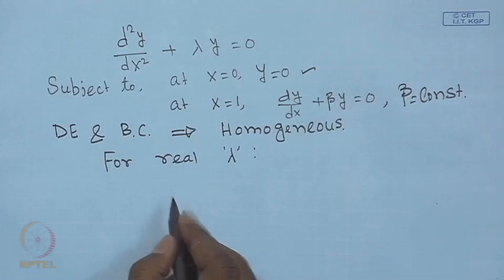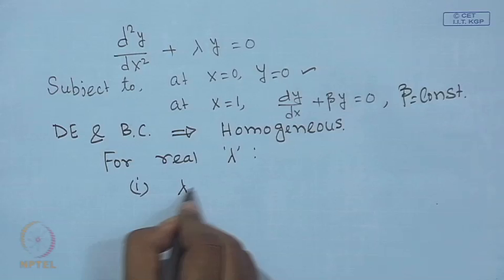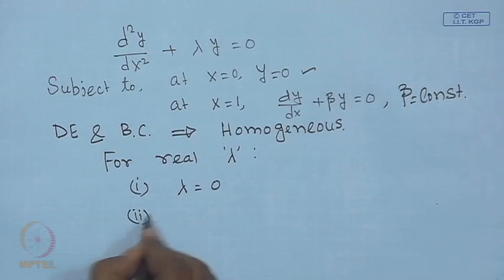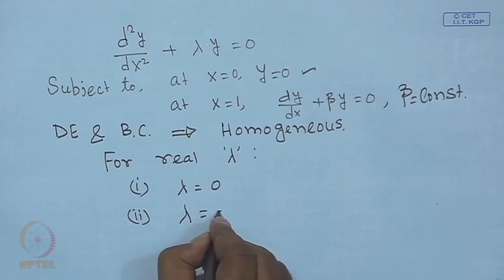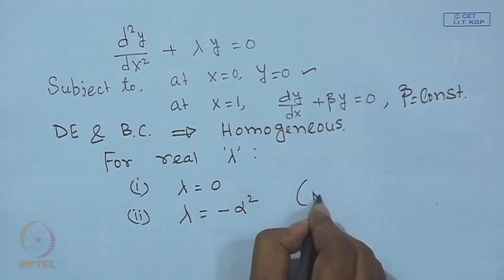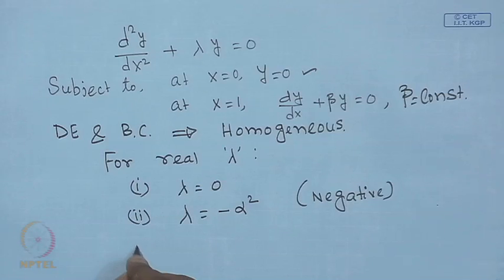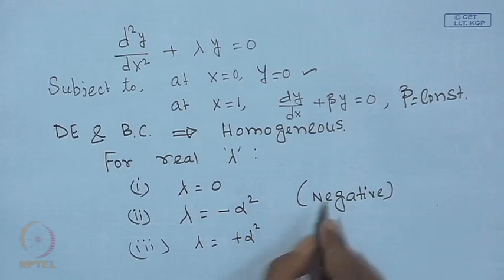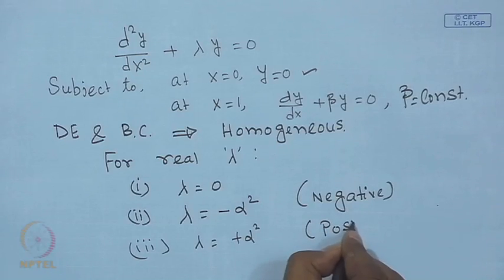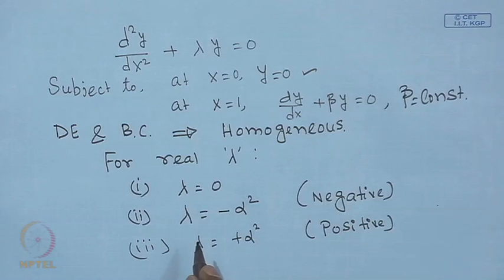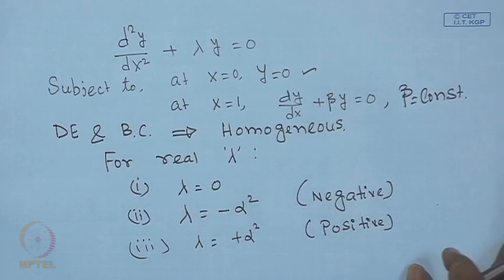It can be three things: lambda can be 0, lambda can be negative, and the third option is lambda is positive. Let us examine all three cases in detail and see what kind of eigenvalues and eigenfunctions we are getting in this particular case.